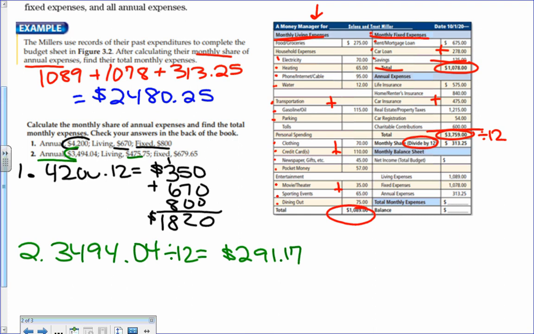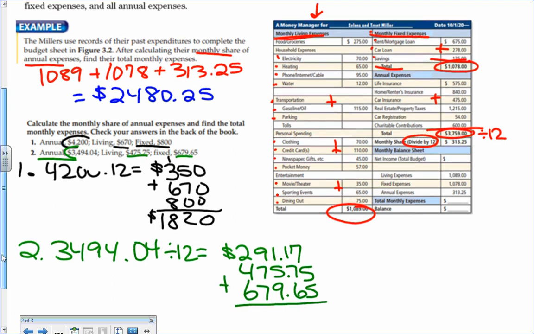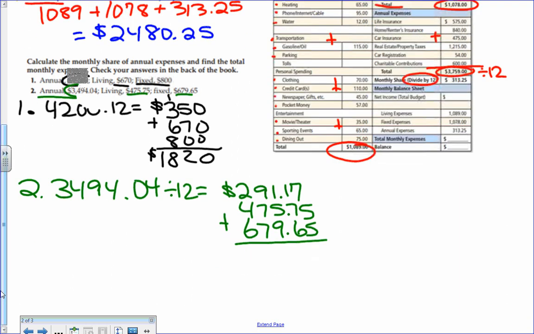We're going to add our living to that, and our fixed expenses. Just for fun, while you guys are writing, I'll add these together without a calculator.